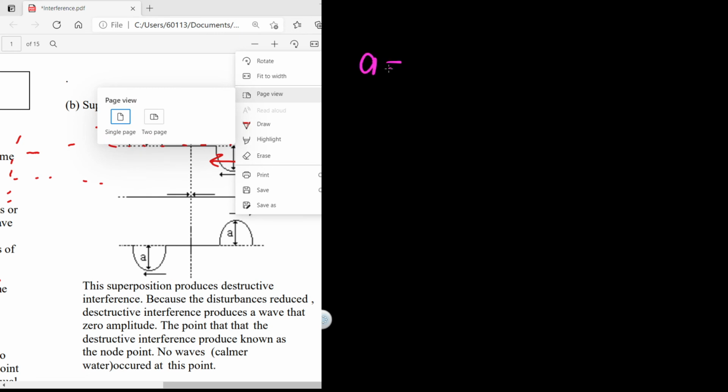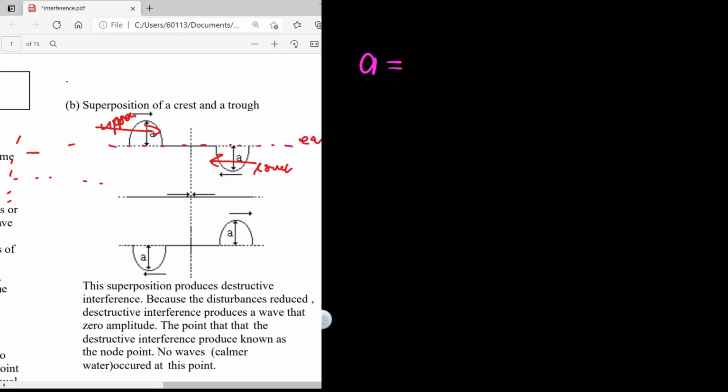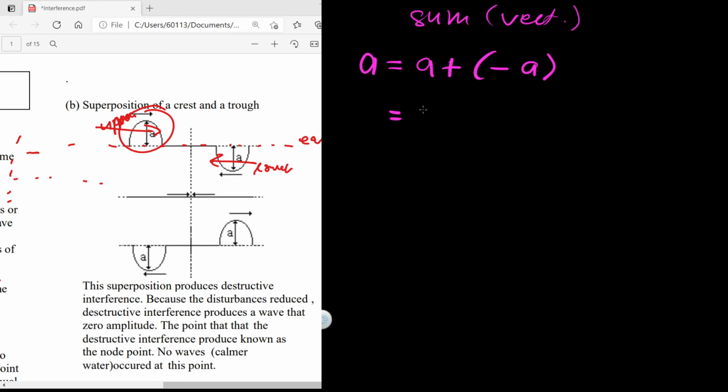The amplitude produced will be equal to: the first one is A. Let's just consider the upper part as positive, so the opposite side, the lower part, becomes negative, and its amplitude is minus A. If we add these two numbers, remember it is the vector sum method, A plus minus A becomes 0.